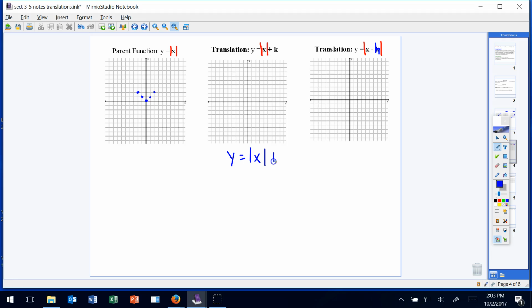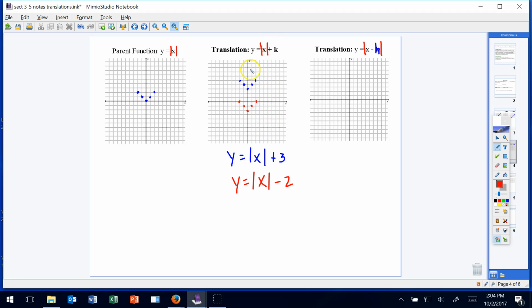If I add something outside of the walls, then I'm taking this parent V and I'm shifting, in this case, 3 units up. If I subtract, let's do in red, now I'm taking the parent V and I'm shifting all the points on it 2 units down. So pay attention to the placement of a number, in this case outside, indicates vertical.